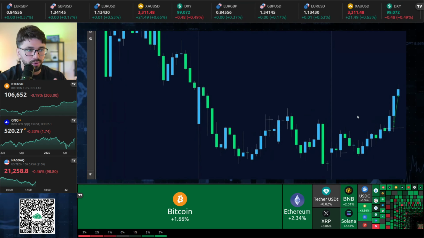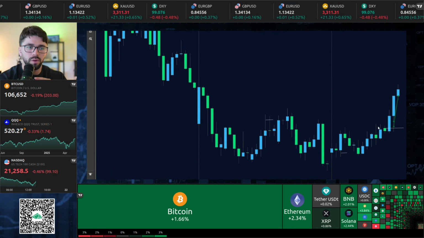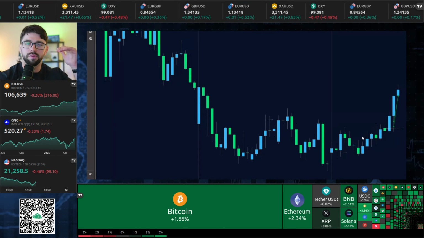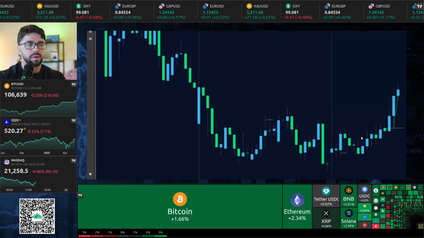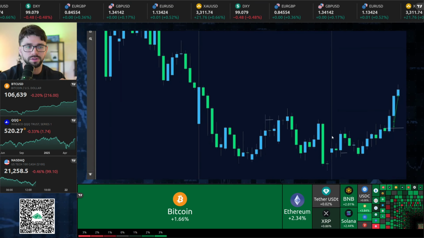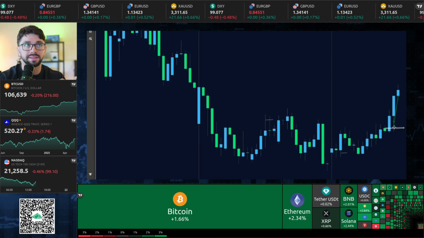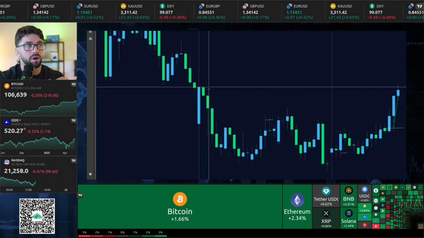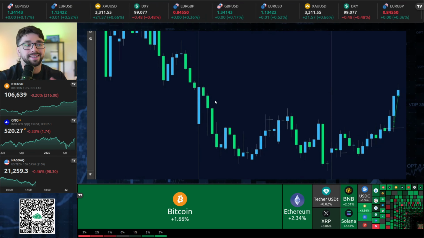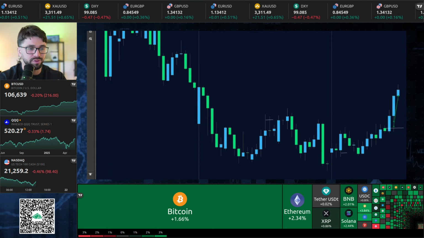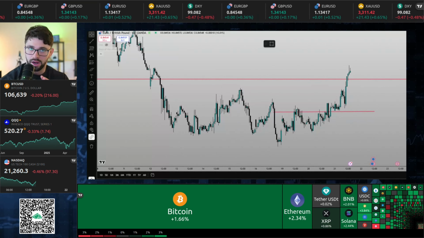It's a shame I can't pull it in too much, but you see the breaking down from high level to lower level to lower level. Then when you get onto the 15 minutes and hourlies, you know what to do. You can see we had the breakout, we had the retest on the level, and then the continuation to come out into this area of supply right here. Now, I'm not sure what's going on with my screen, so I'll turn it back to TradingView. But that is it. I hope you've taken a couple of those bits.